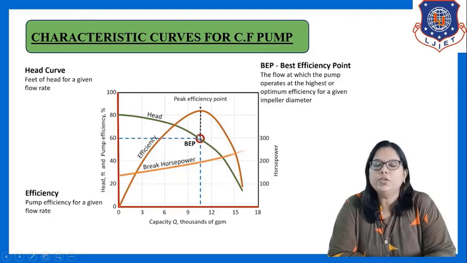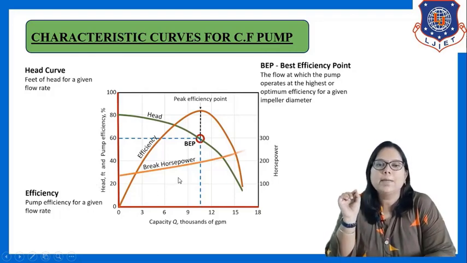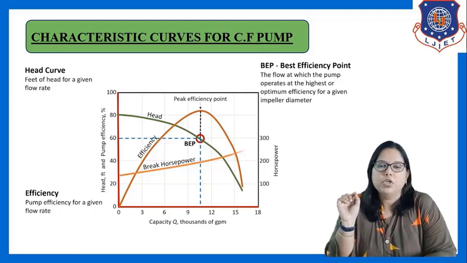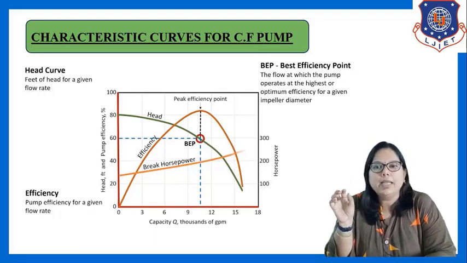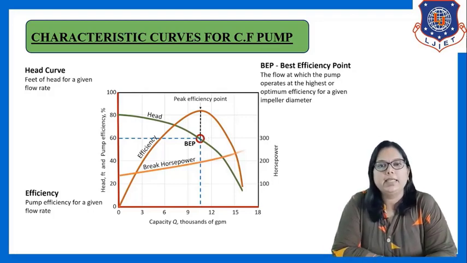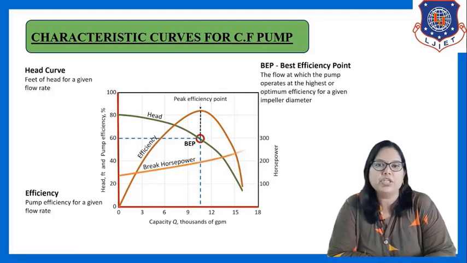This is the point at which the pump efficiency, head and horsepower with capacity is best, or you can say maximum. After plotting this, you can reach a point known as best efficiency point, or the flow at which the pump operates at the highest or optimum efficiency for a given impeller diameter.